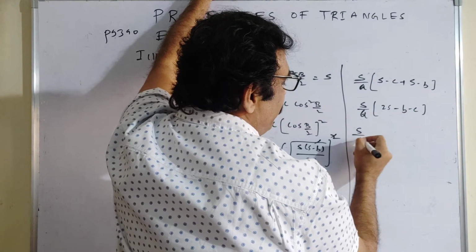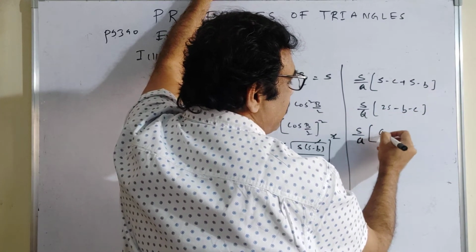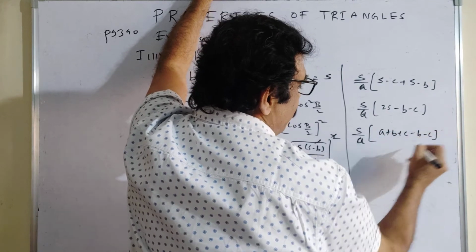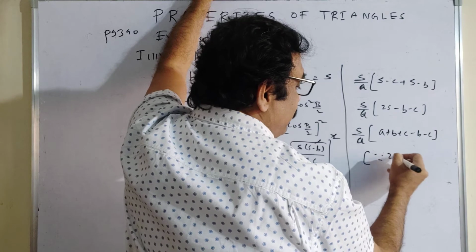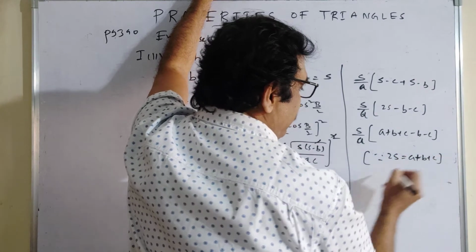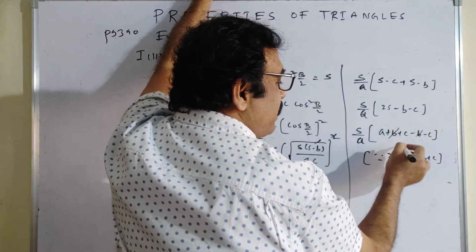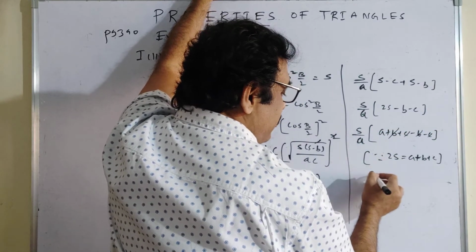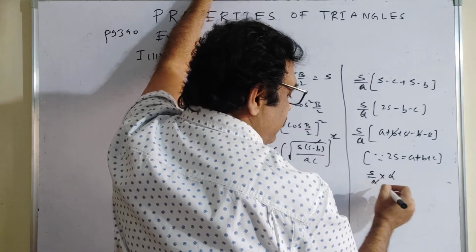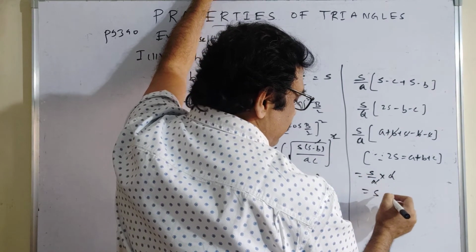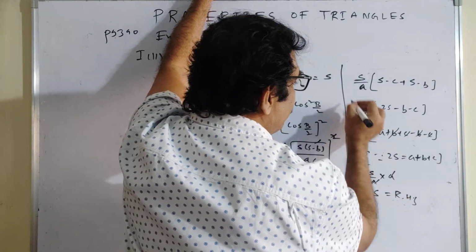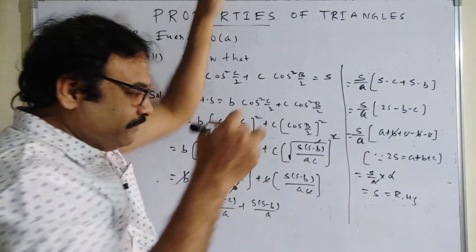We know that the perimeter of the triangle says 2s is equal to a plus b plus c. Now plus b minus b gets cancelled, plus c minus c gets cancelled. I am getting s by a into a, a gets cancelled, I am getting s. Therefore LHS is equal to RHS.